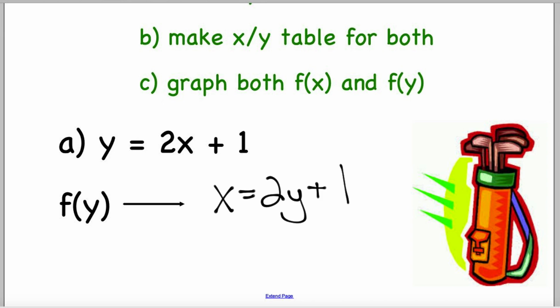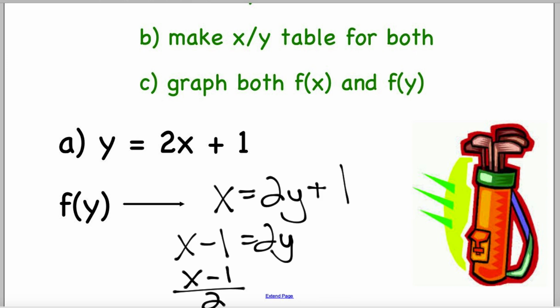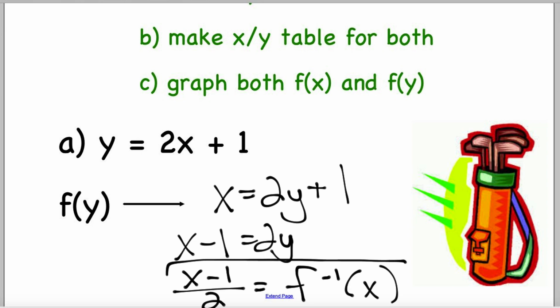Now, usually with equations, you try and get the new y by itself. So that's what we're going to do. I'm going to subtract 1, and then I'm going to divide by 2, so I'm going to get x minus 1 over 2 equals, and instead of saying y, I'm going to use my f inverse of x, and that would be my answer.